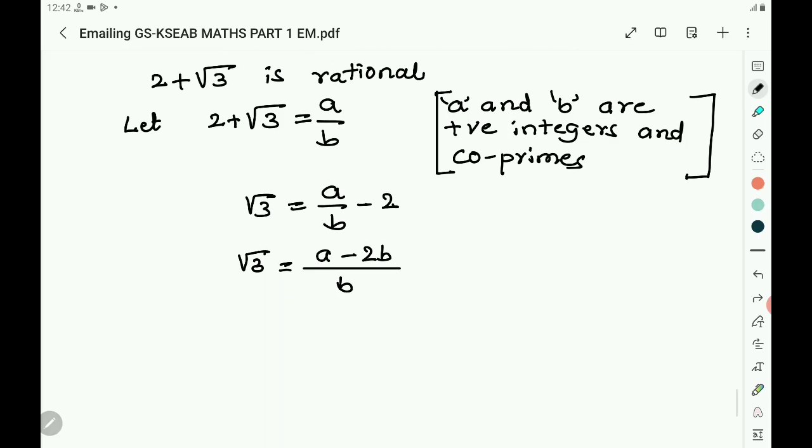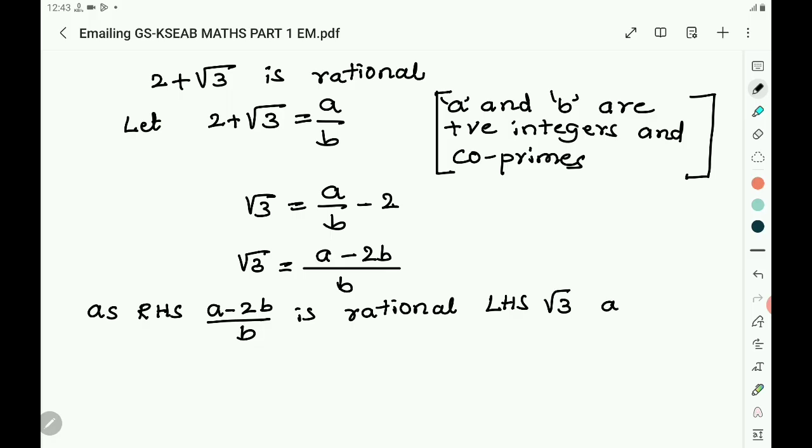Then you write, as RHS a minus 2b by b is rational, LHS root 3 also becomes rational.